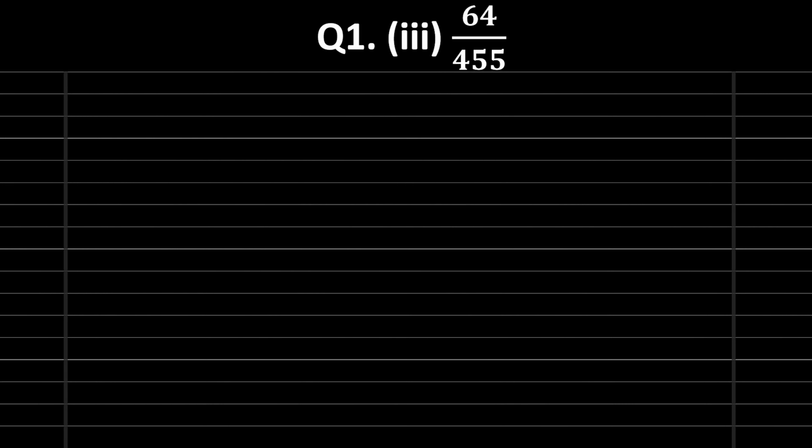This is the third subpart of question number 1. 64 upon 455. So first of all, we will try to prime factorize 455. On dividing 455 with 5, we are going to get 91 as a quotient. Now, is it possible to divide it with 5? No. So, we will try to divide it with 7. And now we are going to get over here 13.